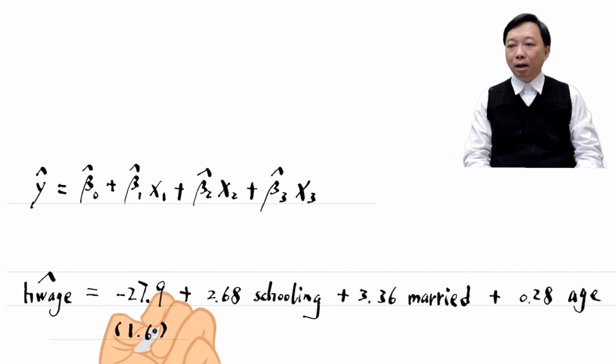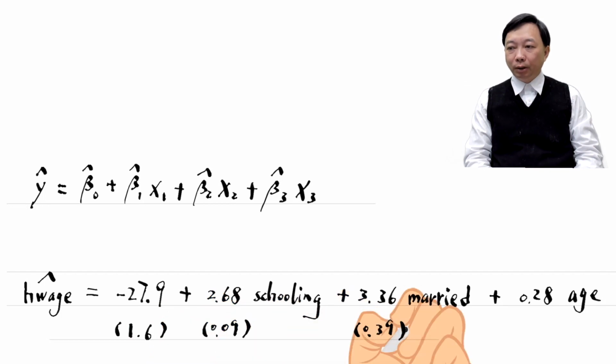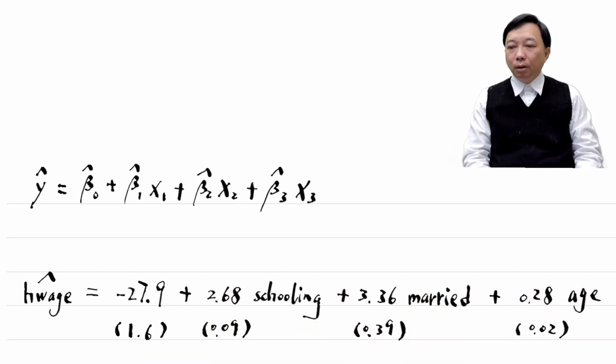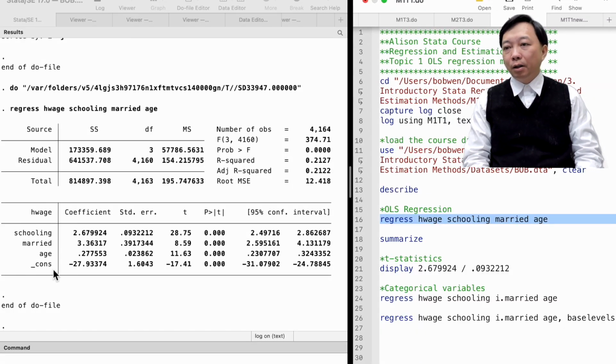We often write down the standard errors below the coefficients. The coefficient of the constant term is the predicted value of hourly wage when all the explanatory variables are set to 0. It is not likely to happen, so it is not of interest in applied economics.